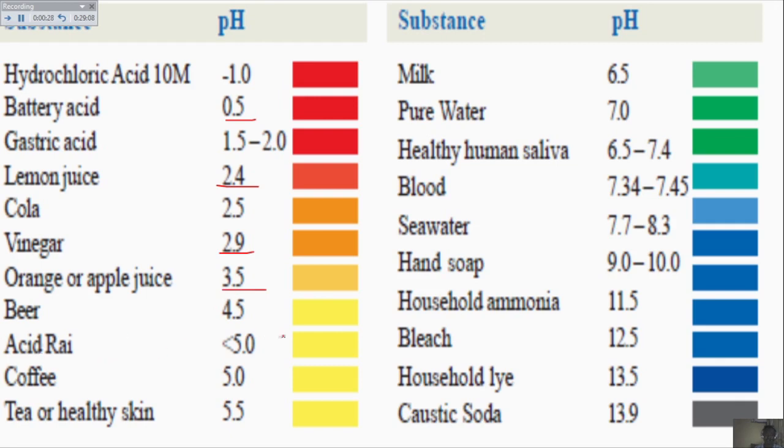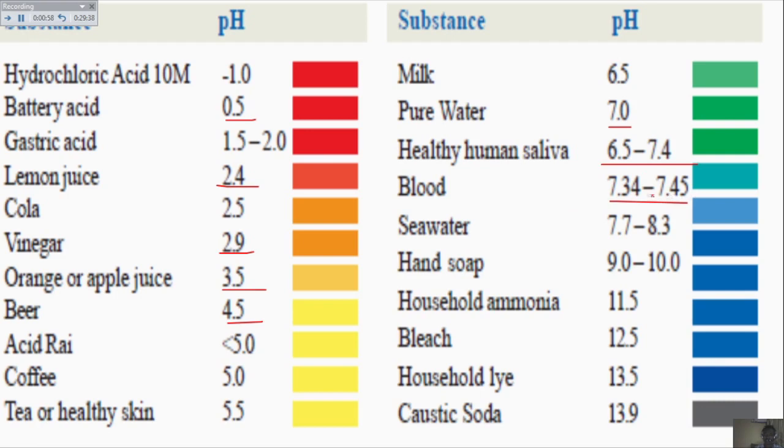Our beer contains acid. Coffee, then pure water, 7.0. Then saliva. Our saliva is moving towards neutral. Then this one is a weak acid. It's between acid and base.